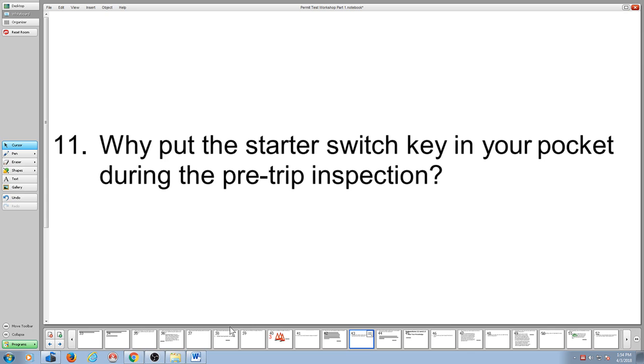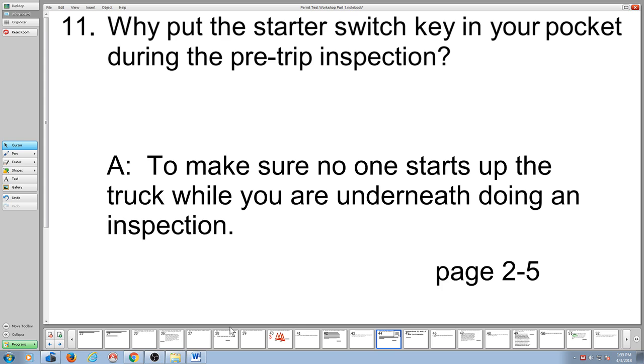You're checking your brakes. Somebody gets in the truck, thinks it's in the wrong spot and wants to move it. They're going to kill you at that point, not even on purpose. So put the key in your pocket to make sure no one starts up the truck while you are underneath doing an inspection. You don't want to be run over.